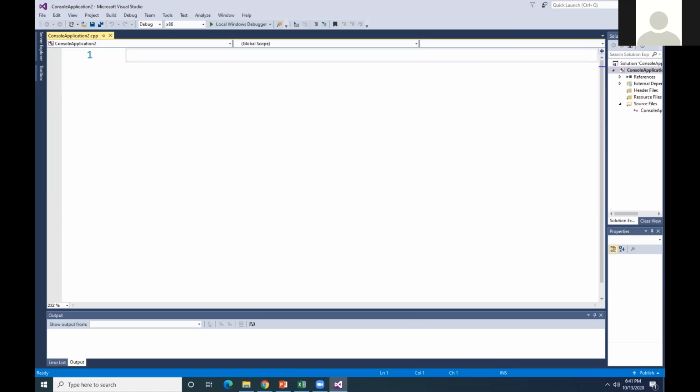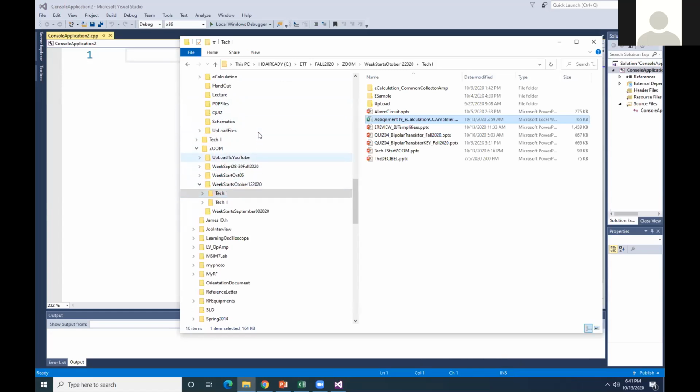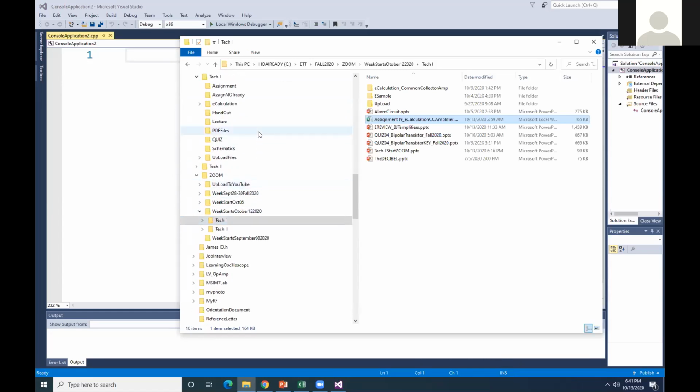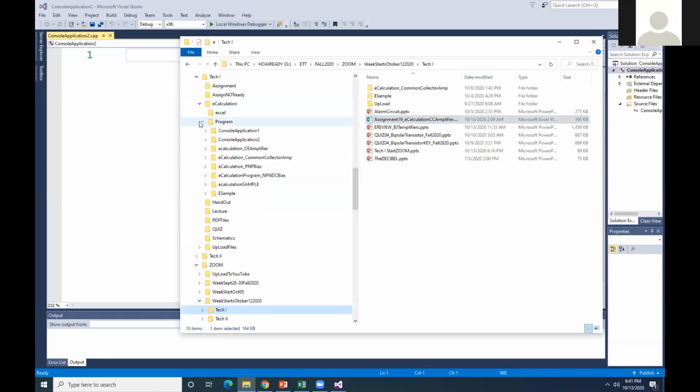Okay, then I go into my folder. I'm looking for the project somewhere. Take one, calculation program here, and I can take the CE or CC or whatever, CC here.